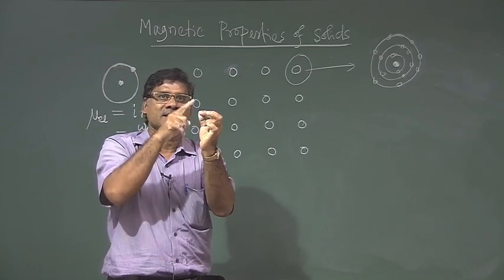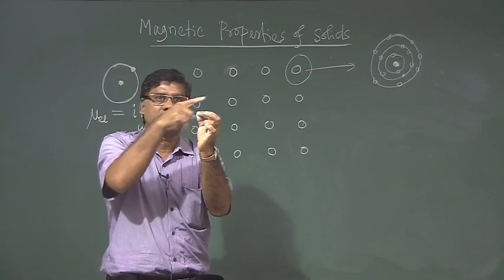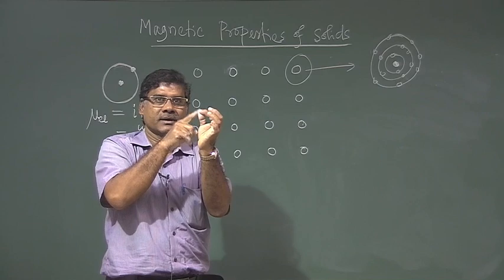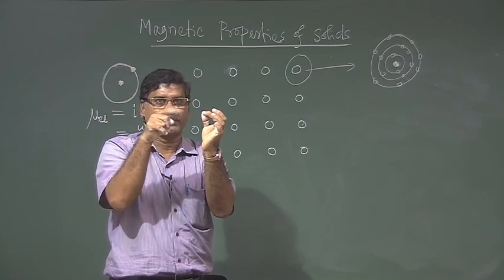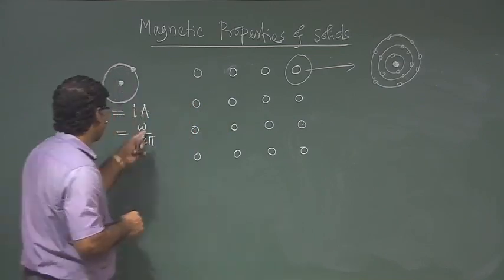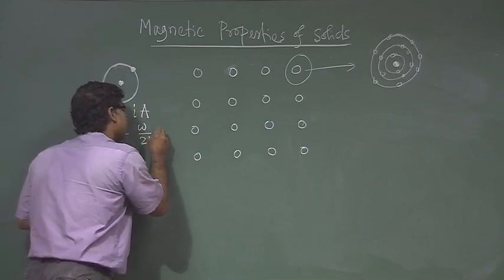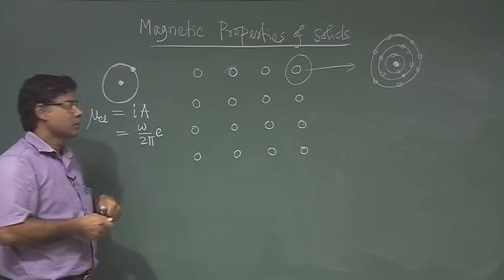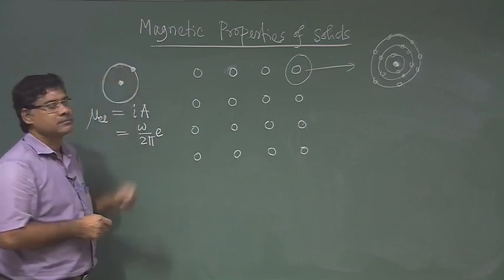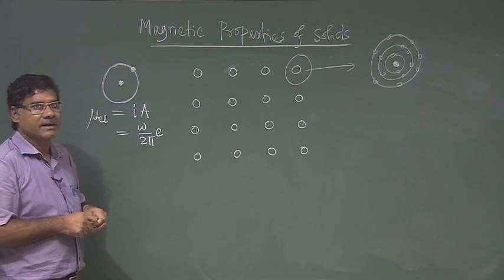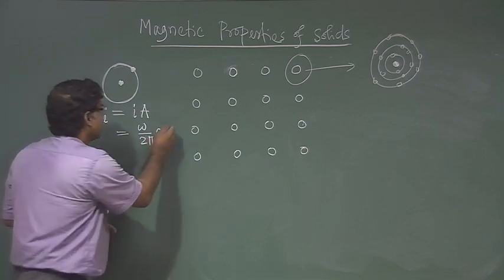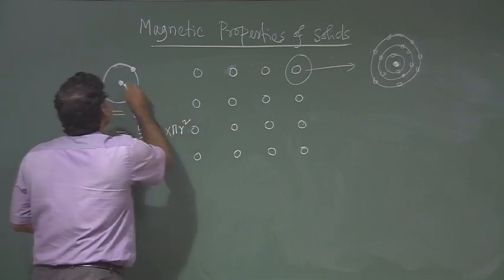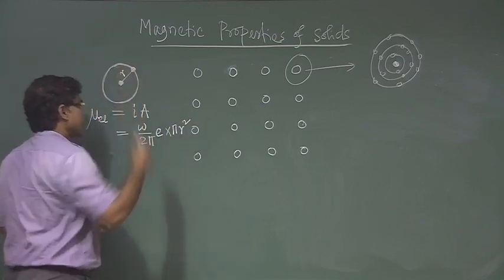If the charge is E, the total charge passing through one point on the orbit per second is E nu. That is the current, and the area is pi r square, where r is the orbit radius, right.